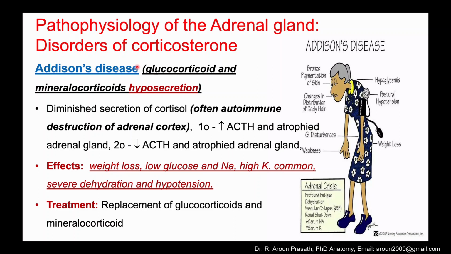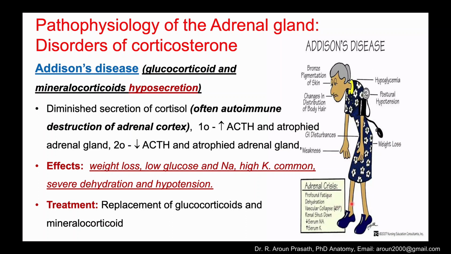So in Addison's disease, there is bronze pigmentation of the skin, changes in distribution of body hair, gastric disturbance, then postural hypotension, decreased blood glucose level, and weakness.